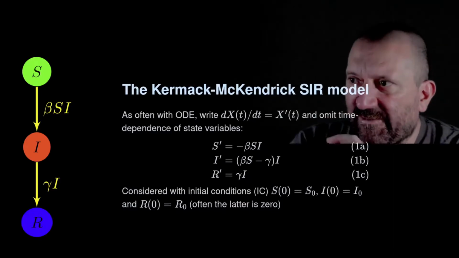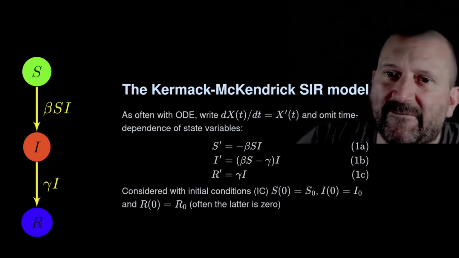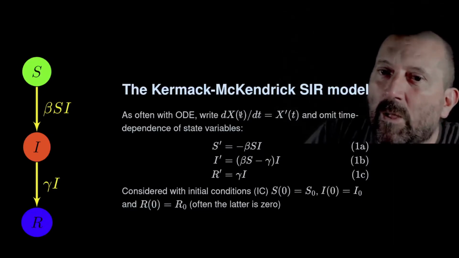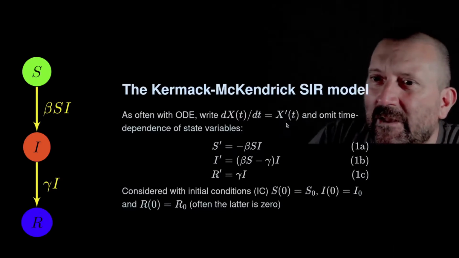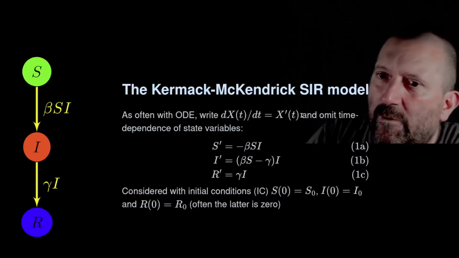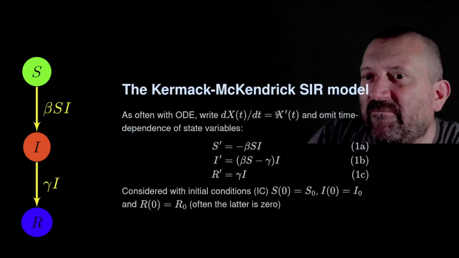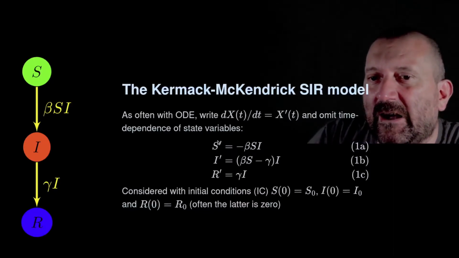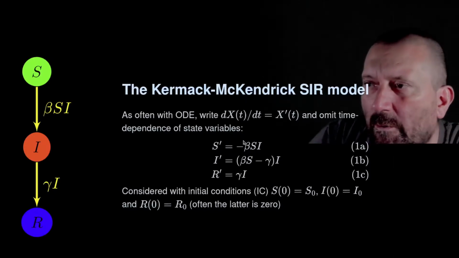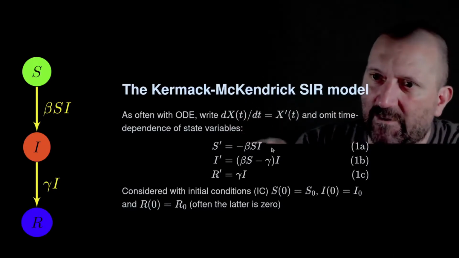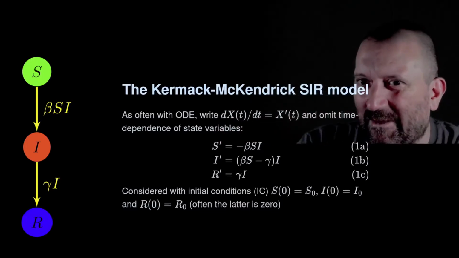To simplify things, it's very common with ordinary differential equations to, first of all, instead of writing dx of t over dt, write x prime of t. But even further, we omit the time dependence. So in practice, we write x prime. So here we have S prime equals minus beta SI. I've removed all the time dependence, and if you're not familiar with ODEs, this is something you have to bear in mind.